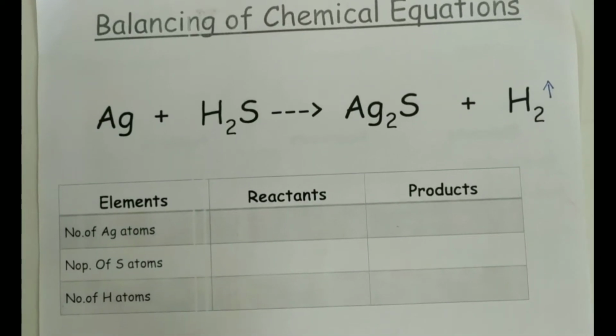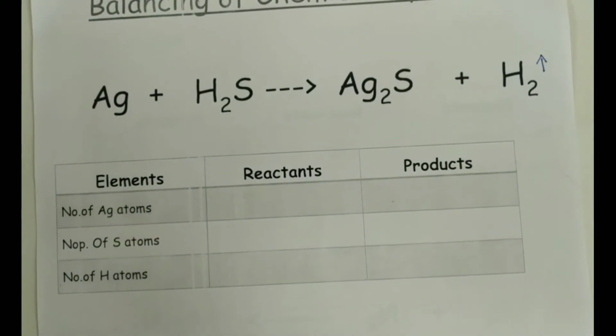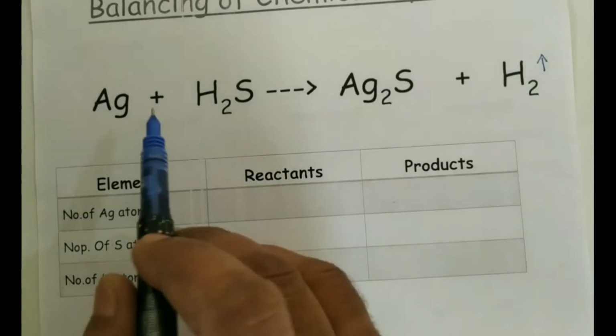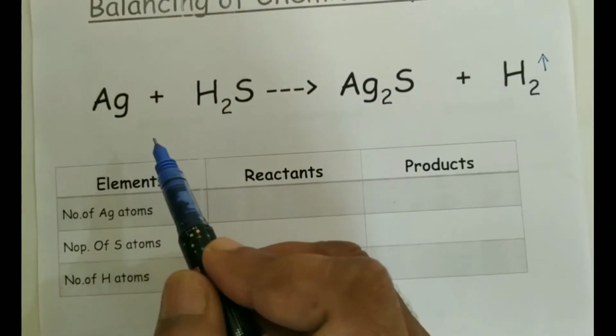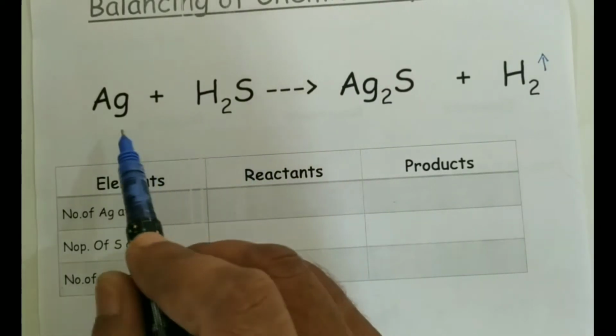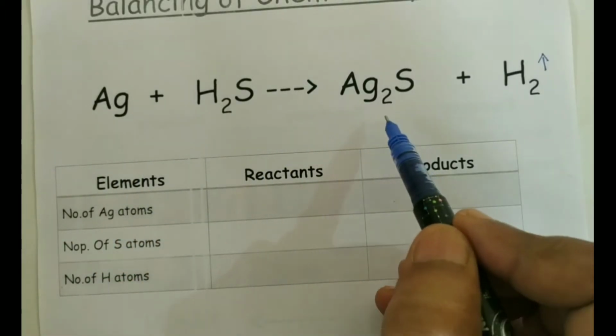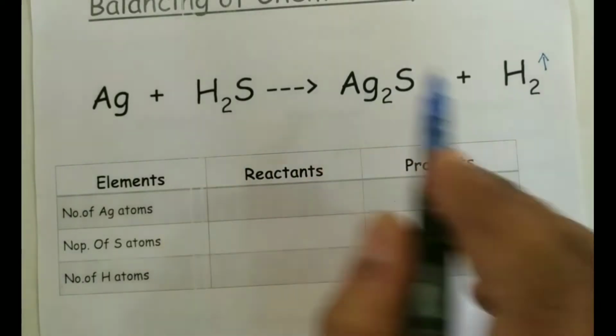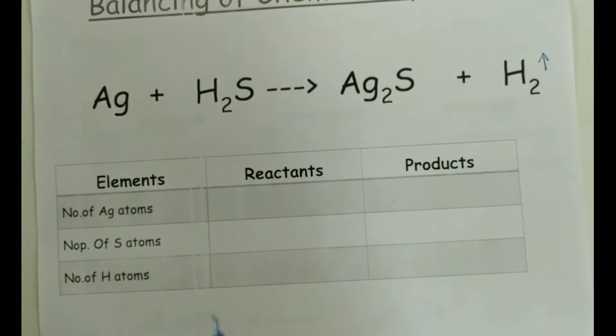Here Ag is there, hydrogen atom is there and sulfur atom is there, right? In the product, hydrogen is there, silver is there, and sulfur is there. So these are the major elements involved in this reaction.